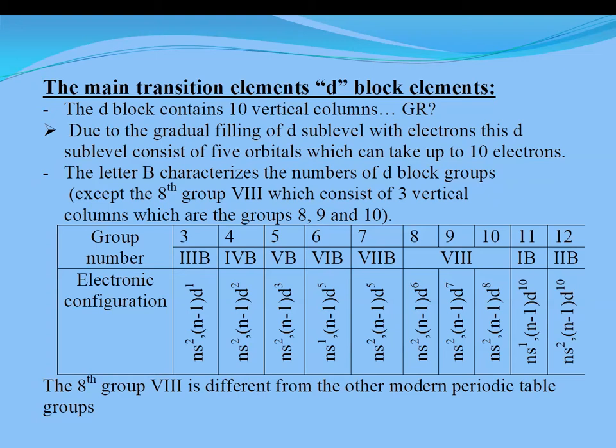Group 8, the first one is ns2 (n-1)d6, then ns2 (n-1)d7, ns2 (n-1)d8. Group 1B is ns1 (n-1)d10, and group 2B is ns2 (n-1)d10. So this is the general electronic configuration for these groups.